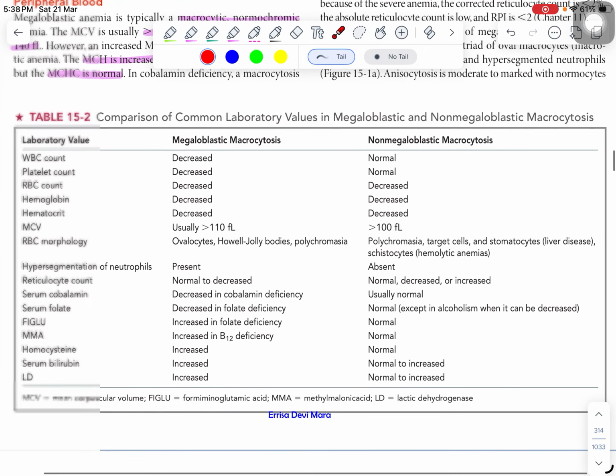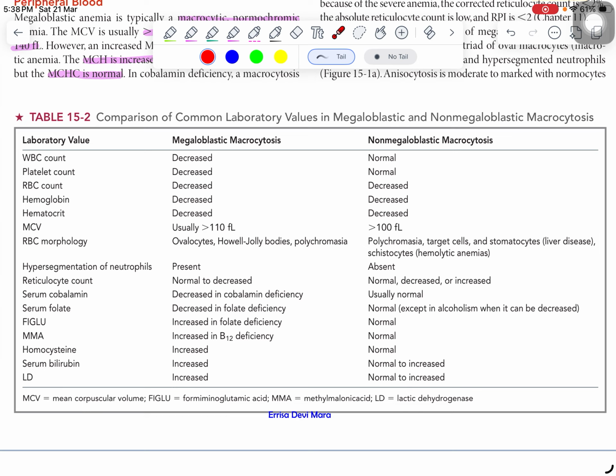However, in non-megaloblastic macrocytic anemia, RBC and hemoglobin can be decreased because it is anemia. The MCV can be more than 100. Platelets and WBC can be normal. There may be polychromasia, target cells, stomatocytes in liver disease, and echinocytes in hemolytic anemia.